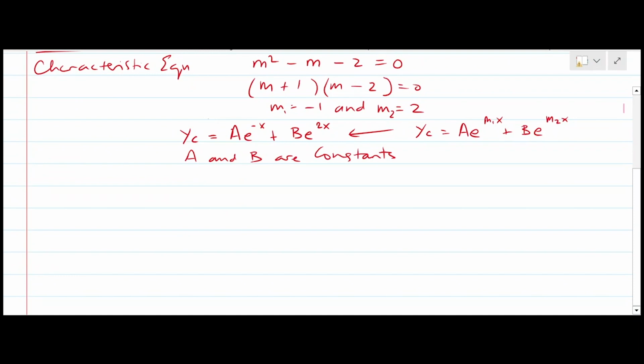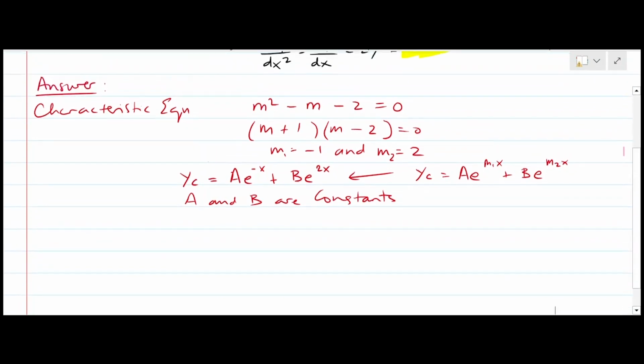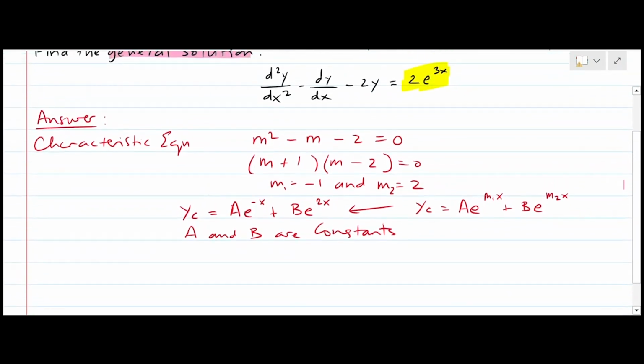So we've done the yc, or complementary function, part, and now we have to find the solution for the non-homogeneous part, f(x), which in this case is 2 times e to the power of 3x.